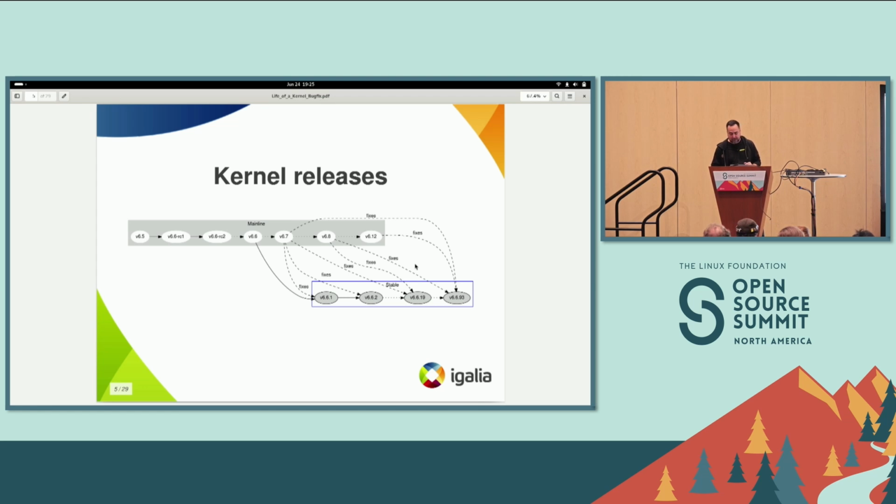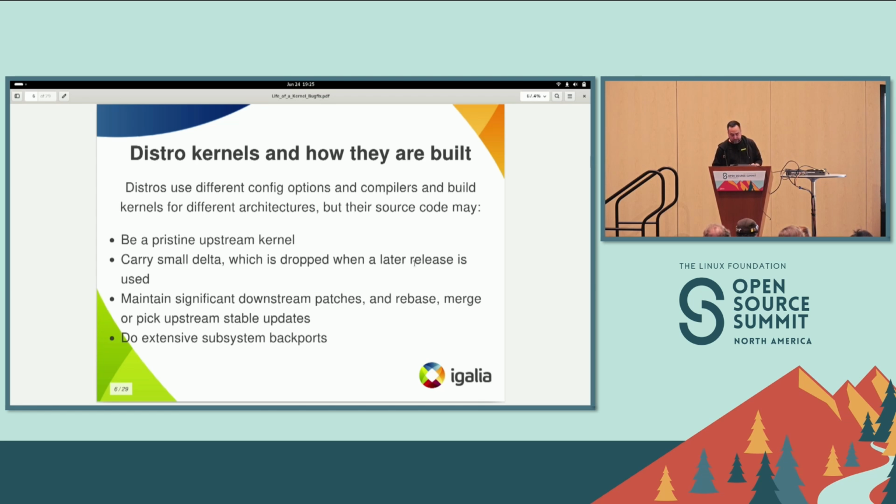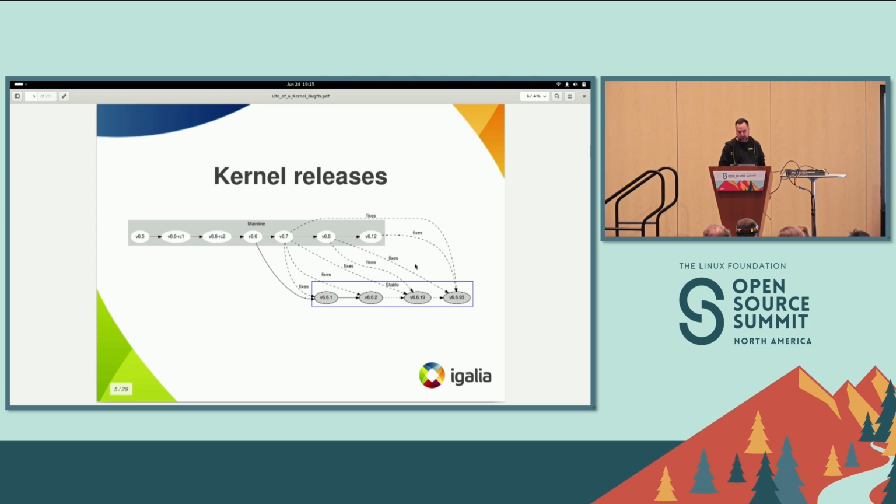Just a recap here. Just for curiosity, those dashed lines here, I picked real examples just to show that even 6.6.93, that gets releases from 6.12, is still getting fixes from 6.8, for example.